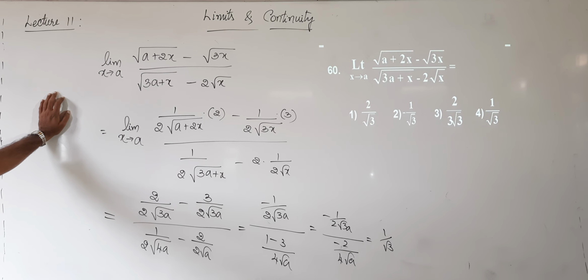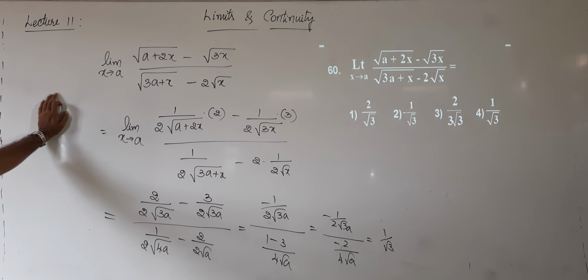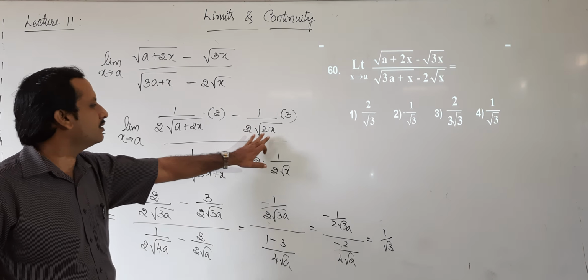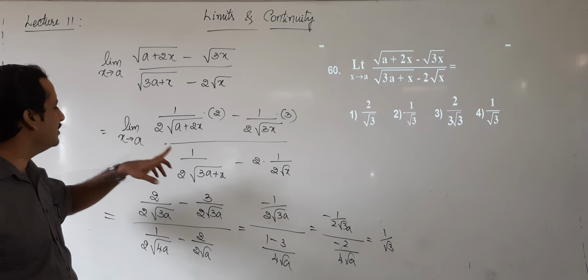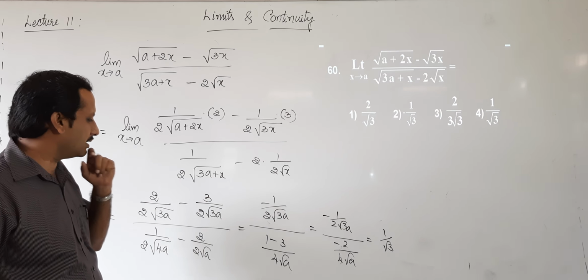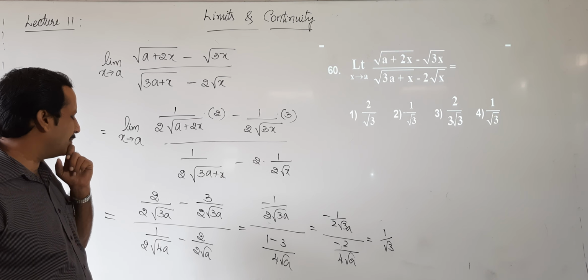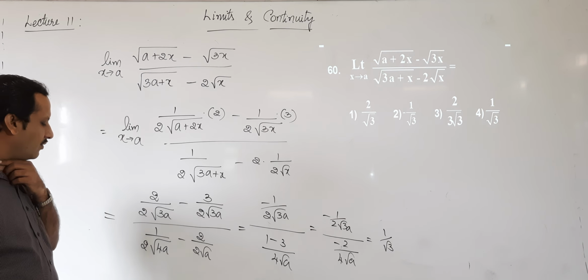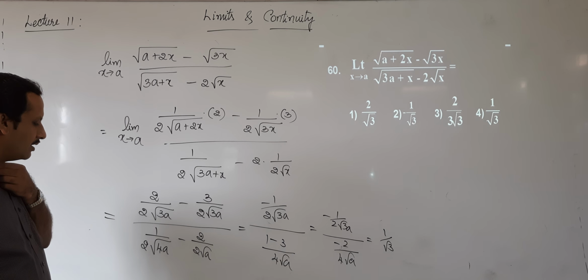Just cross check, I think I have gone wrong somewhere. 1 by 2 root of a plus 2x into 2 minus 1 by 2 root 3x into 3. Okay, that's correct. 1 by 2 root 3a plus x 2 into 1 by 2 root x. Okay, apply the limit as x tends to a. 3a plus a, 4a, 2 root a, 4 root a.